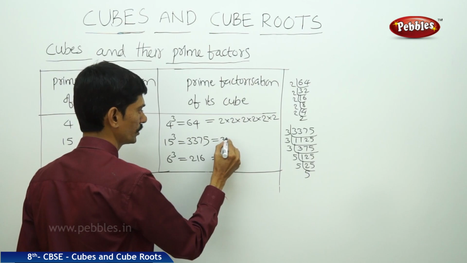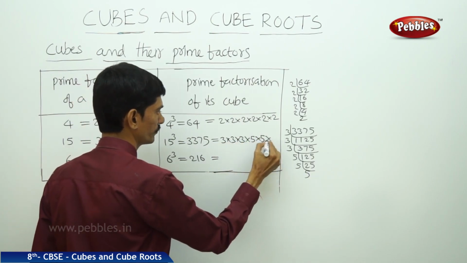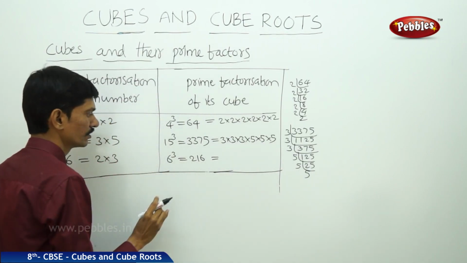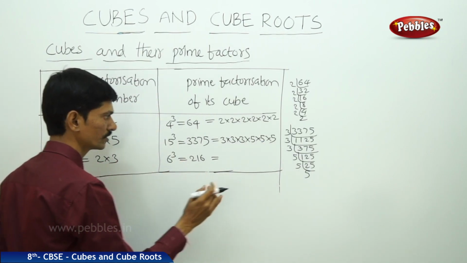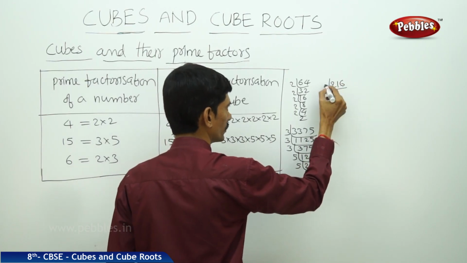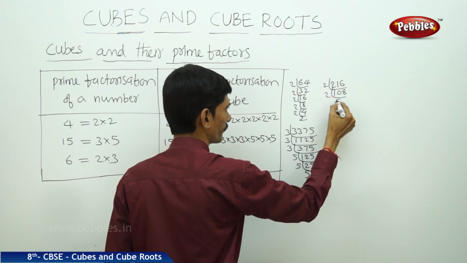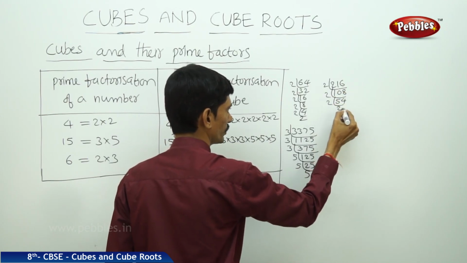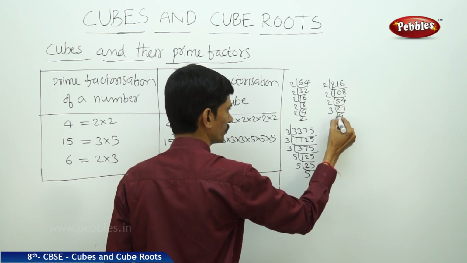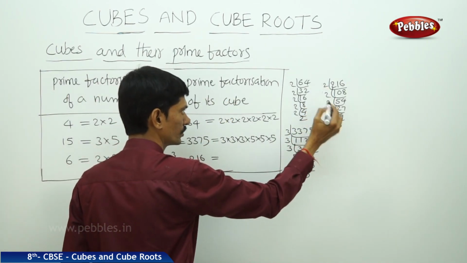So we can write that 3 into 3 into 3 into 5 into 5 into 5. Next, prime factorization of 216. If you factorize 216, 2 8s are 16, 2 54s, 2 27s, 3 9s, 3 3s. So we can observe that there are 3 2s and 3 3s.